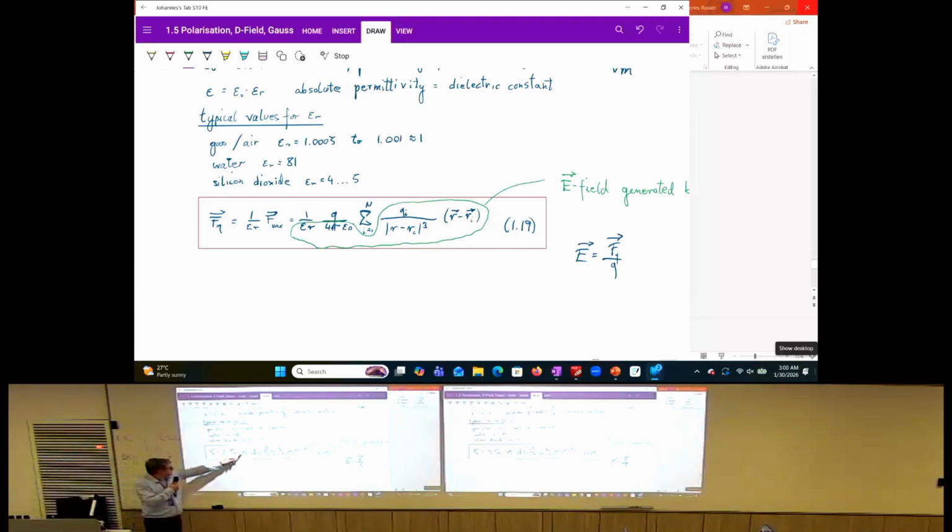Are you using the epsilon r of medium 1 or medium 2? Medium 1, because you're looking at the E field in medium 1. But if you were looking at an r which is within medium 2, then you take the epsilon r of medium 2.